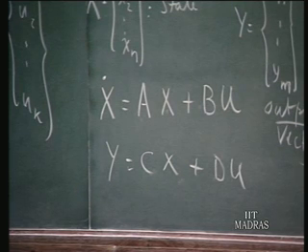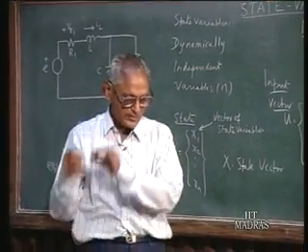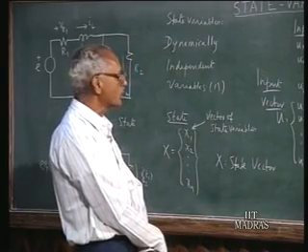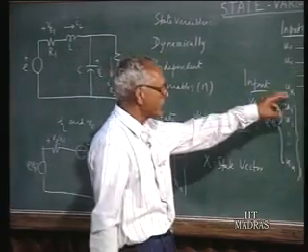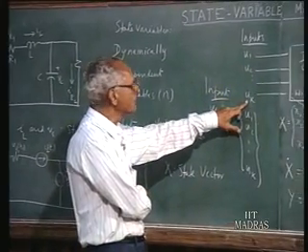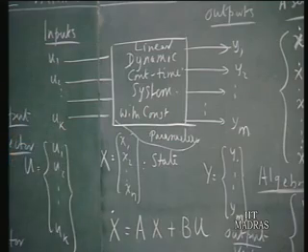One particular point we should mention here is that earlier, when we were talking about systems, we said x is the input and y is the output, but in the literature it is conventional to take u as the input when we are talking about state variable theory. We use the symbol u for inputs and y for outputs, and therefore we have deviated from our standard practice of taking x as input and y as output.